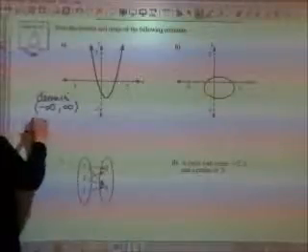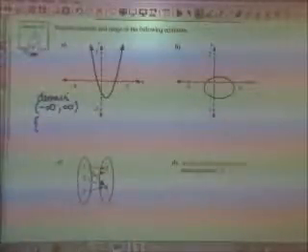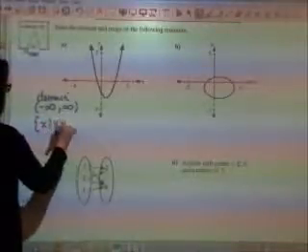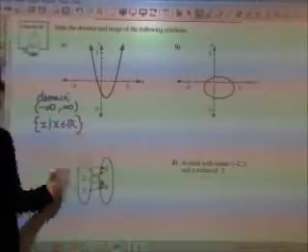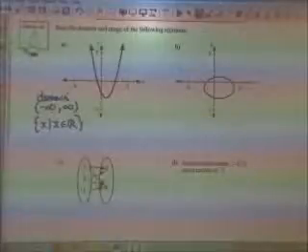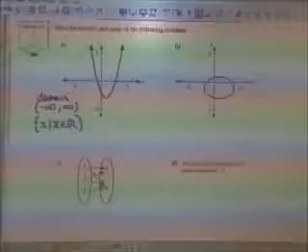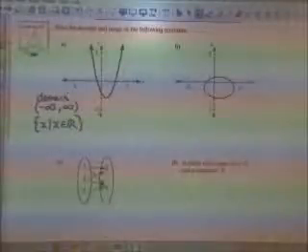Or if I wanted to use the squiggly brackets, because I just like drawing squiggly brackets, it would be the set of x values such that x is a real number. Okay? Unless I tell you a specific method, you can choose between set notation and interval notation.